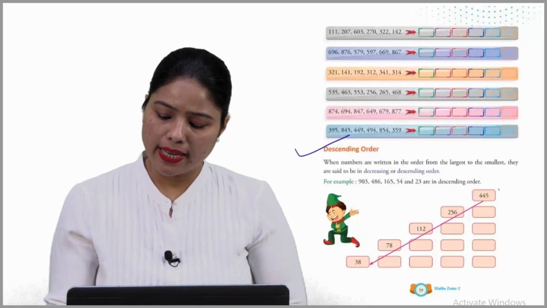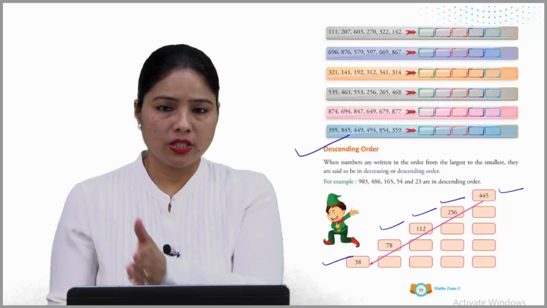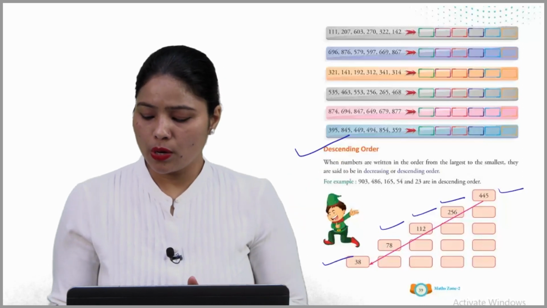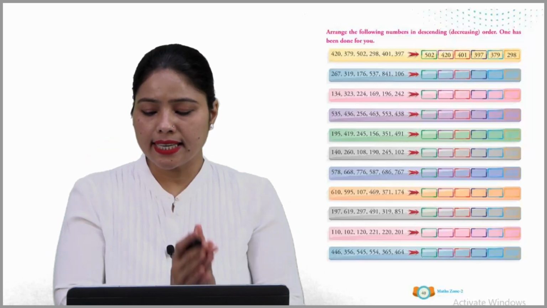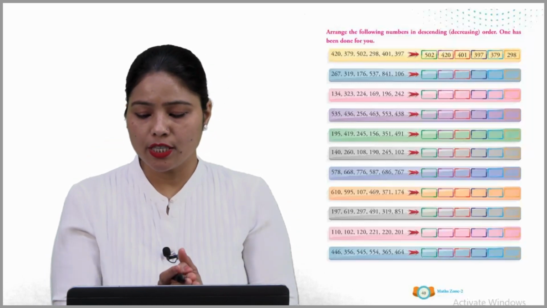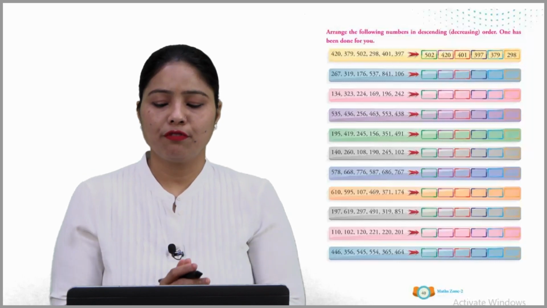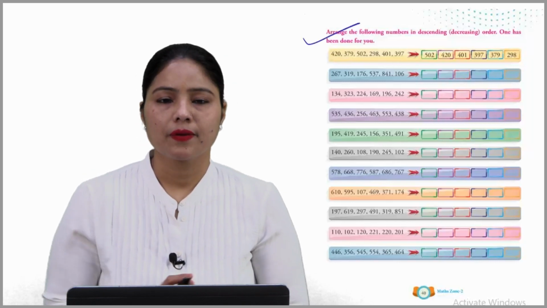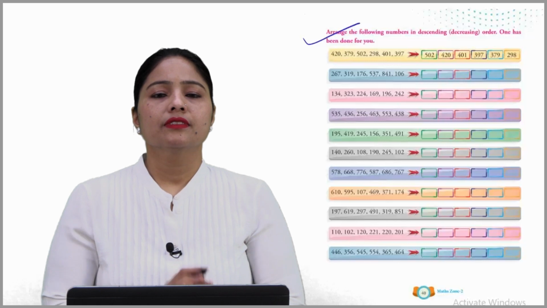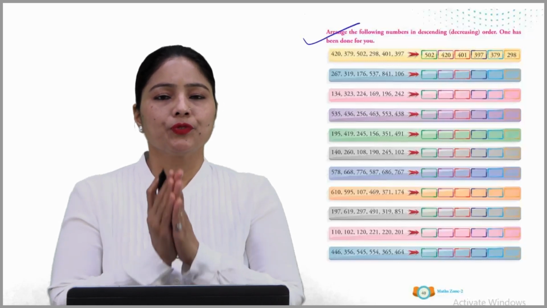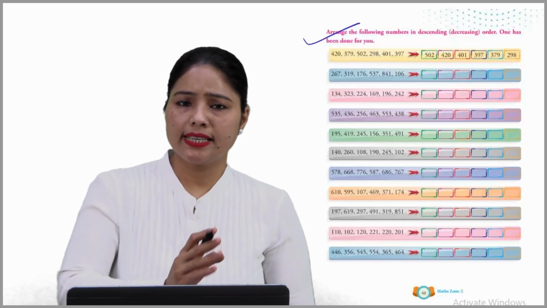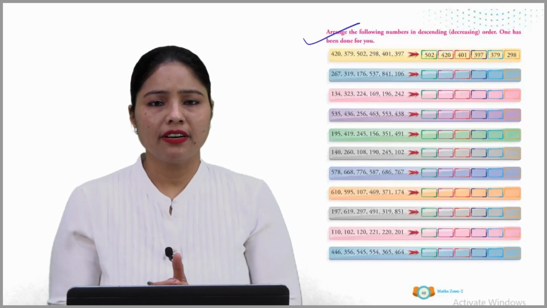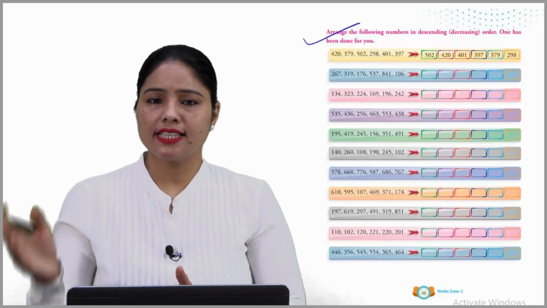For example, 903, 486, 165, 54 and 23 are in descending order. So बड़ा नंबर, फिर छोटा, फिर छोटा, फिर छोटा, फिर सबसे छोटा. So these are the examples. Okay, now next, arrange the following numbers in descending or decreasing order. One has been done for you. First one is 420, 379, 502, 298, 401 and 397.